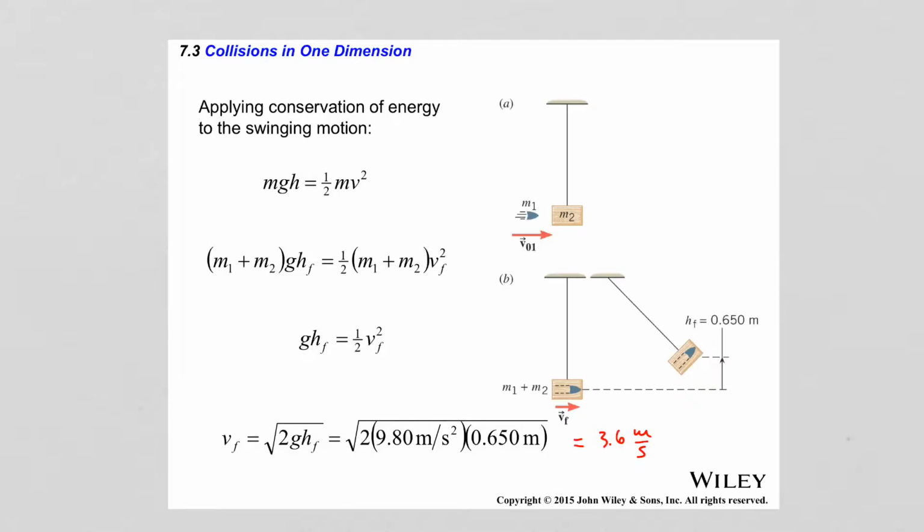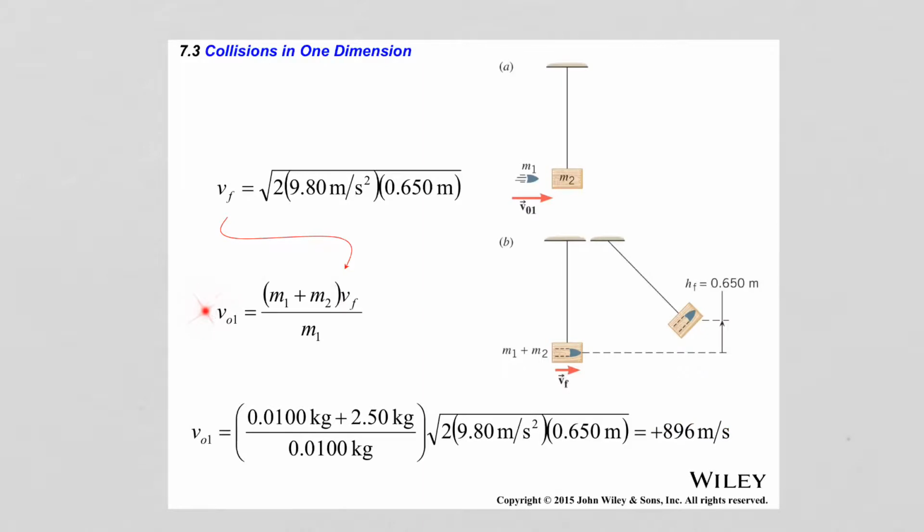From here, the masses cancel out, and I get an expression for this velocity, and that is the square root of 2 times g h final. Replacing the numbers in here gives me a value of 3.6 meters per second. Then I can get back to the expression for the initial velocity of the bullet, substitute all the values in there, and calculate the result, and that is that the initial velocity of the bullet was 896 meters per second.